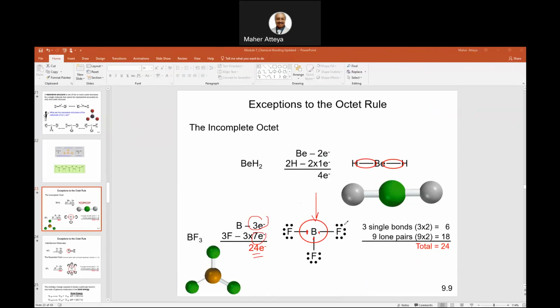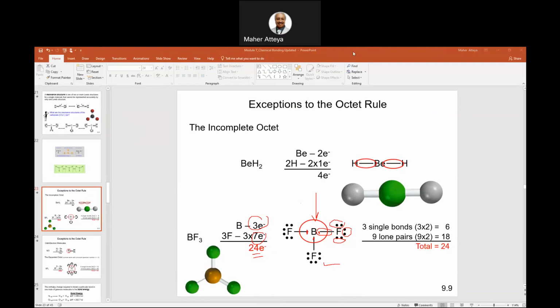Now for the fluorine, yes, there is an octet rule. 2 here, 2 here, 2 here, 6, correct? And the one bonding pair, 8. So fluorine is okay, the octet rule is there, but for boron, an exception. When it comes to the octet rule, we don't consider the terminal atom, always the central atom itself.